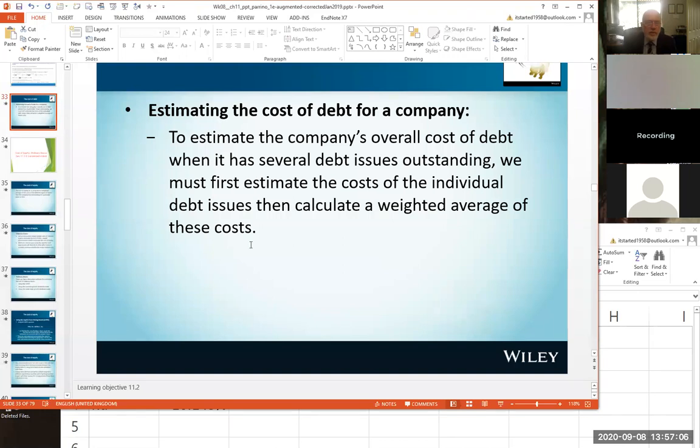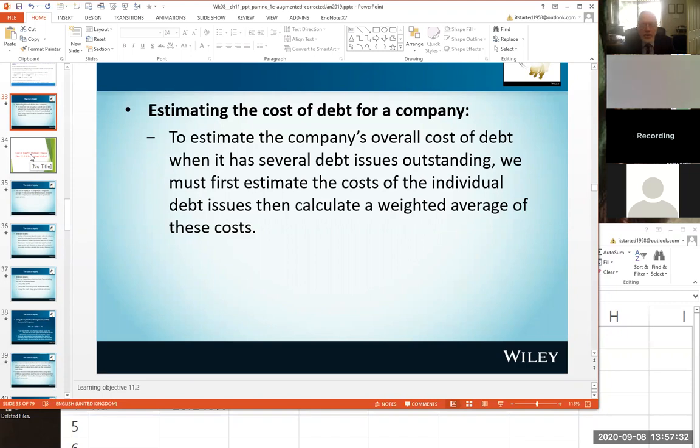What this is telling us here is that we're basically just taking each one of our different bits of debt individually and doing that same relatively simple calculation. Do whatever it takes. You may have to adjust the term and the recurrence interval, the number of compounding periods in a year.